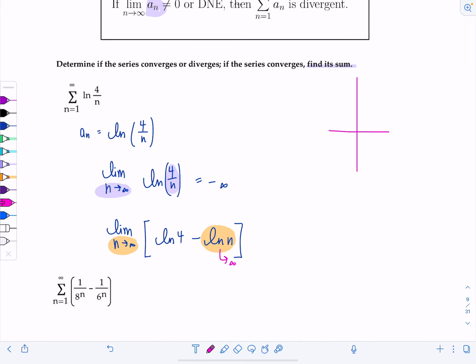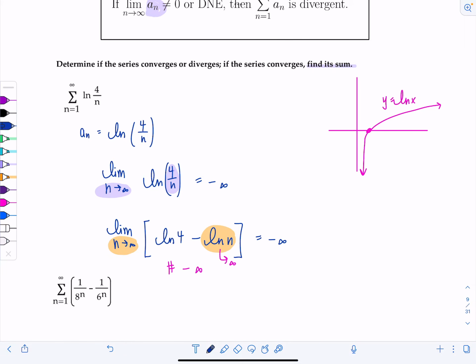It goes through (1, 0) and goes like this. This is ln of x, okay? So as n goes to infinity, ln goes to infinity. So you have a number minus infinity, and so this limit is negative infinity. Either way you think about it, negative infinity is the result. That's the limit of the terms.